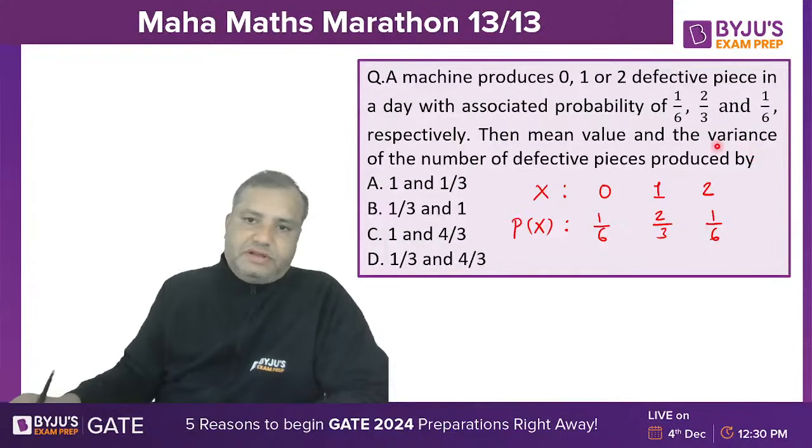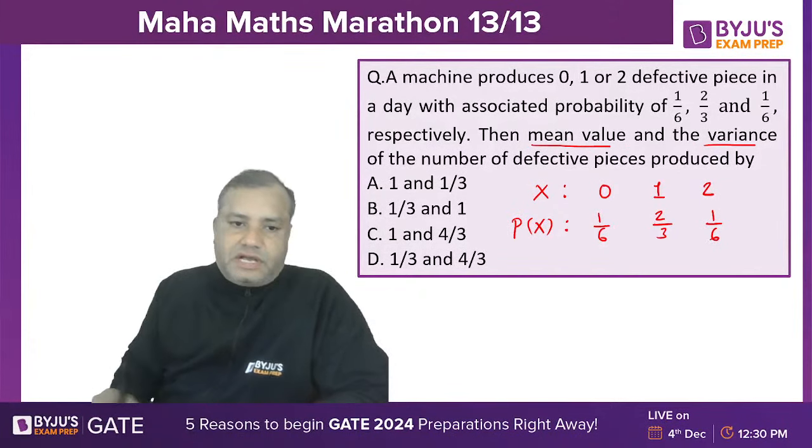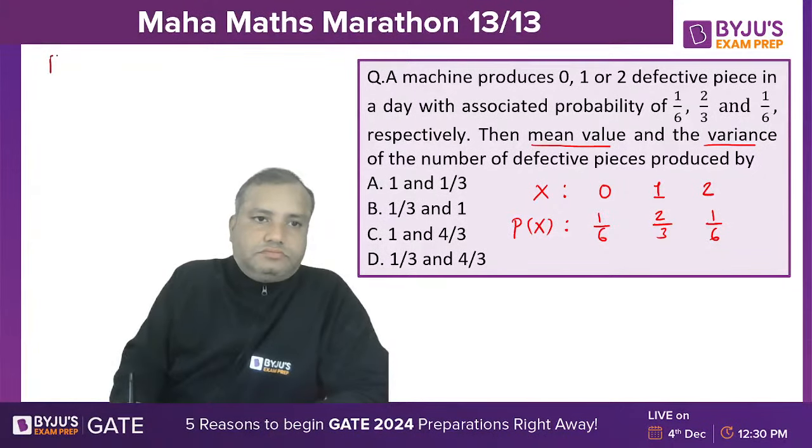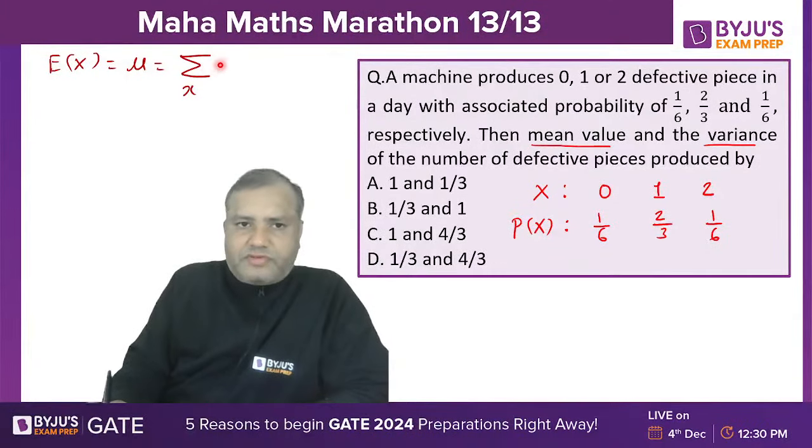What we need are the mean value and variance. So first of all, we'll calculate expectation of x, that is the mean value. For discrete probability distribution, summation will be utilized: summation for all the values of x into p of x.